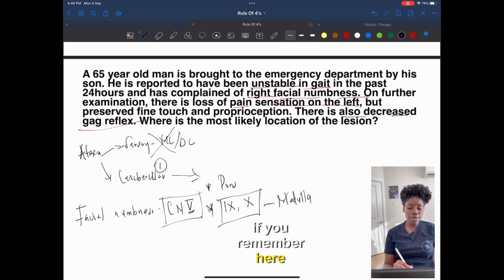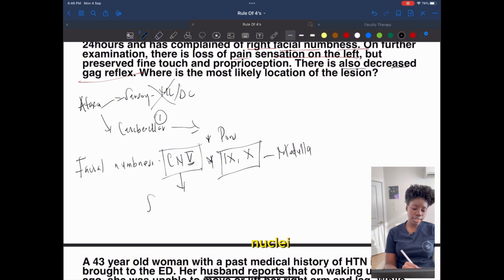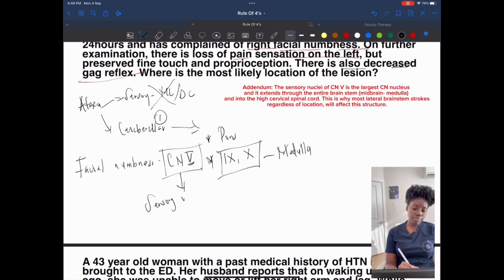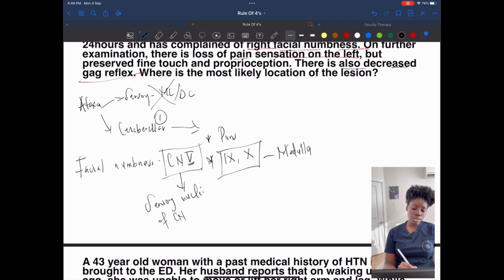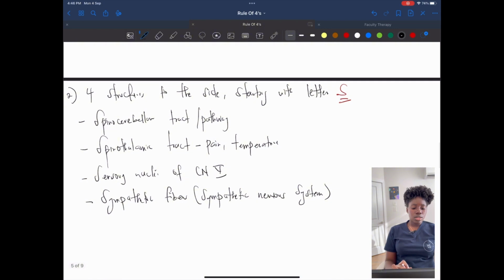But if you remember here, this part of the cranial nerve is the sensory part, right? So if this is the sensory part, we said that the sensory nuclei of cranial nerve 5 is where? So we'll go back to here.